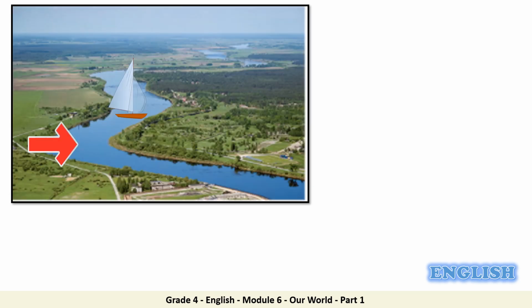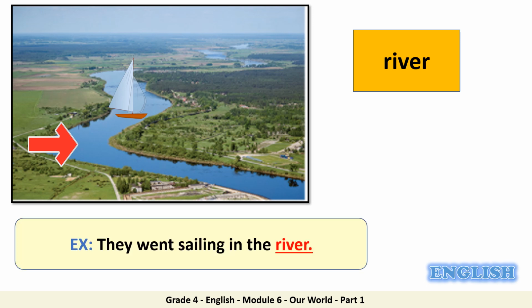Let's have a look at this picture. What do you see? Can you see the arrow? Where are they sailing? It's a river. Can you use it in a sentence? They went sailing in the river. Can you tell me the part of speech?